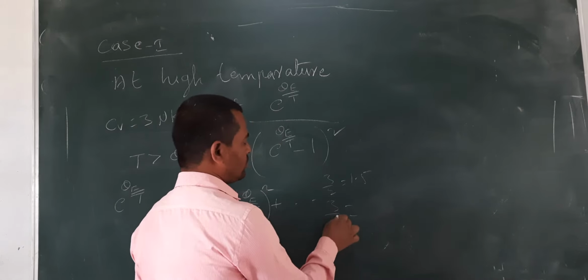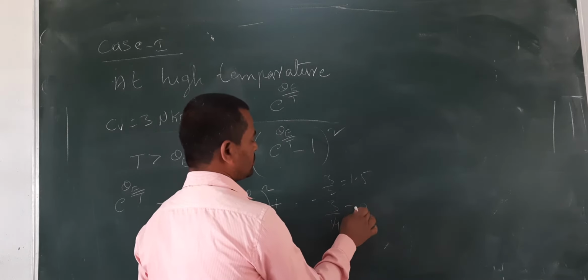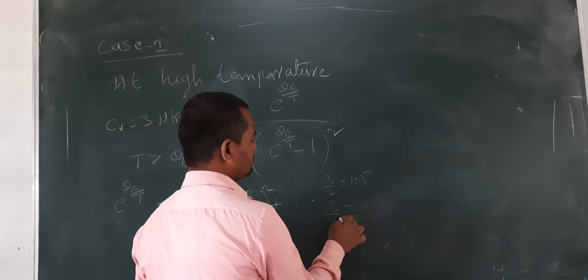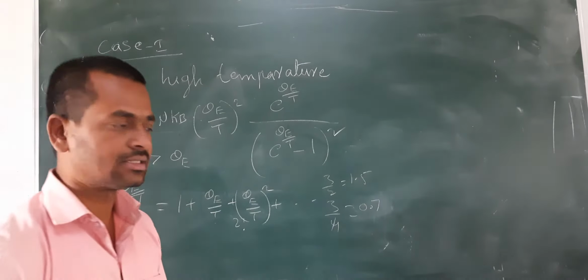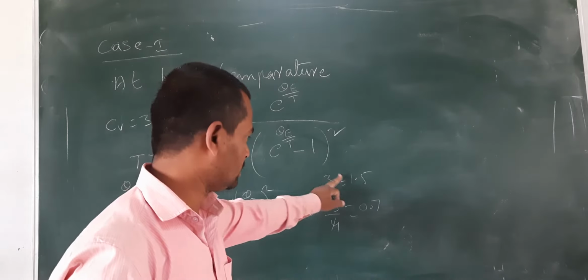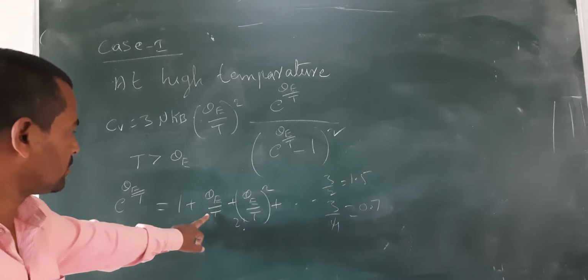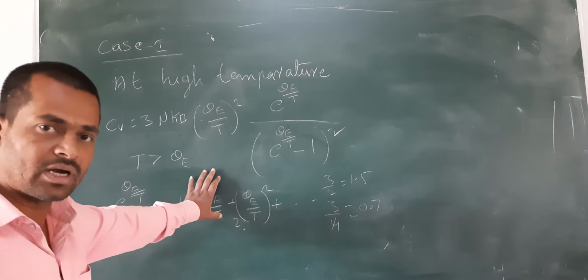How much do we get? Around 0.7. See, when the denominator term is increasing, then the value decreases. So theta E by T is somewhat low.